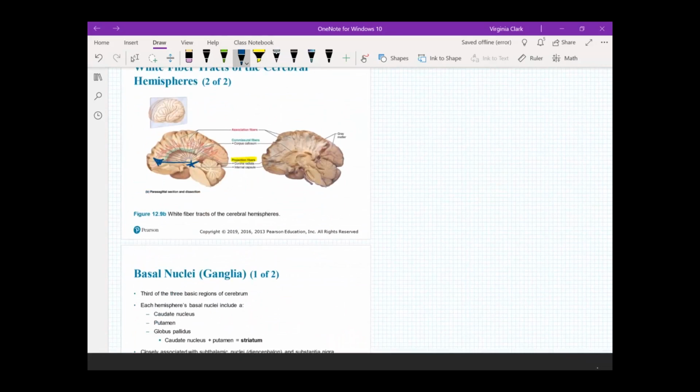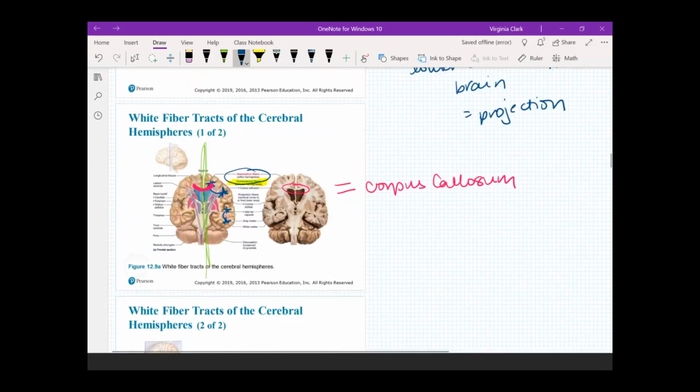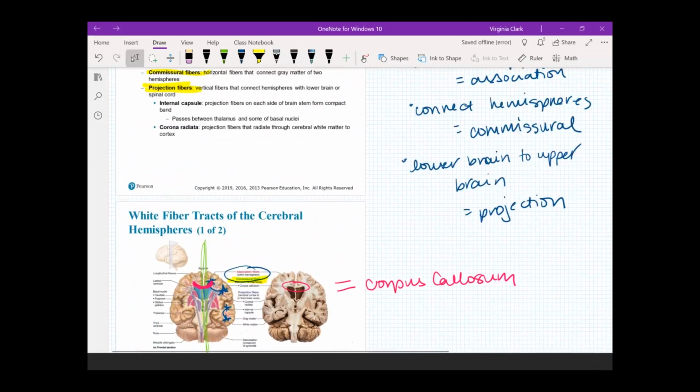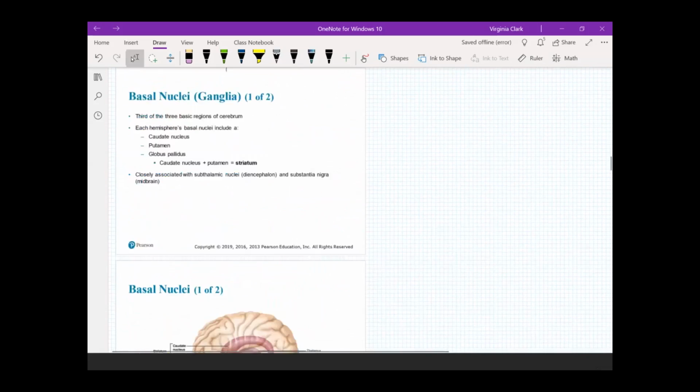This is a lower, this is a higher region of the brain. And remember, this is a neural tube, so we develop like this. So this is the highest point in our brain. That's why this is considered lower right here, and this is considered higher. But that would be an example of a fiber that will go from a low region to a higher region in the brain, otherwise known as a projection fiber.